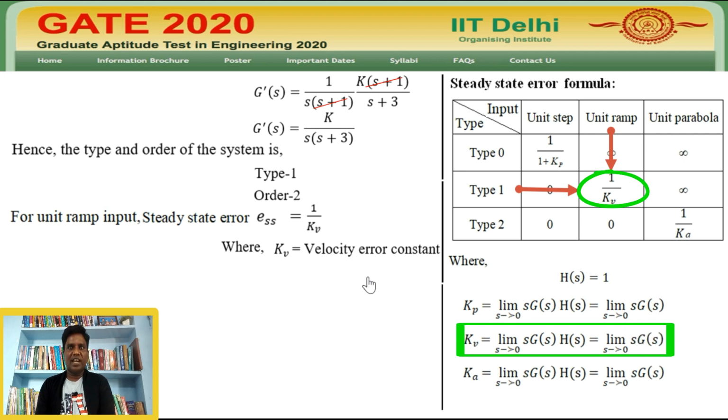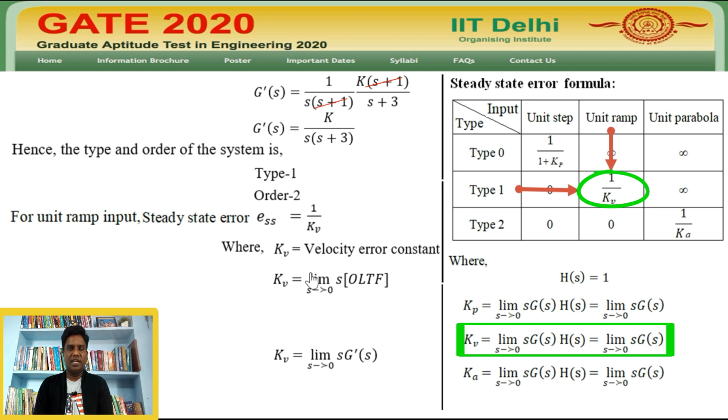Then we can write the Kv equation as Kv equal to limit s tends to 0 of s into OLTF. According to this problem, the OLTF is G'(s). Then the equation will be Kv equal to limit s tends to 0 of s into G'(s). We know that G'(s) is K divided by s into (s plus 3). This equation we already calculated.